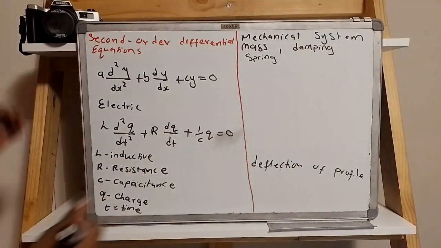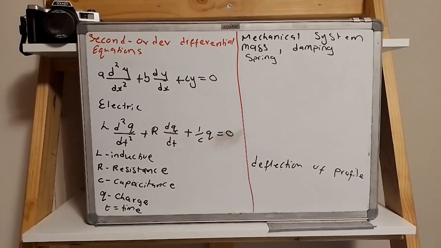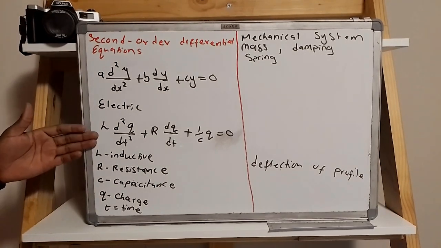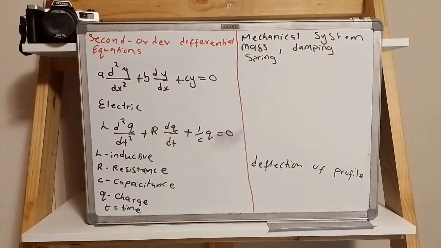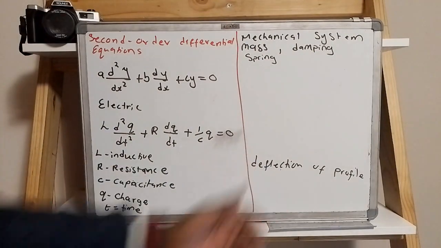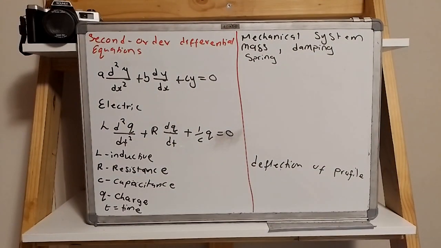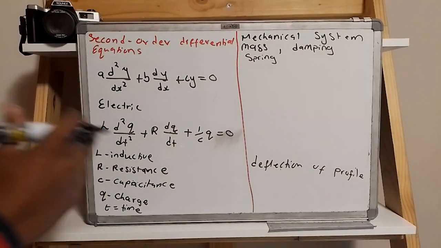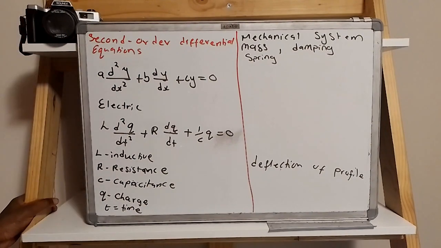You'll be hearing these words more often when you come to mechanical systems, right? So you need to know this. It's very rare that they can ask you a question like this, but in most cases what they emphasize you to know is the mechanical and the electrical systems, right?